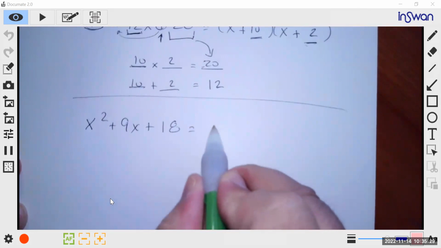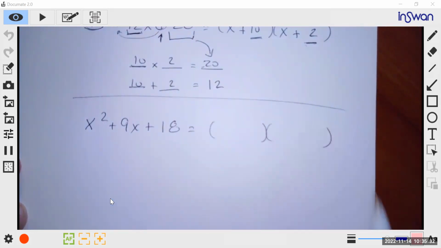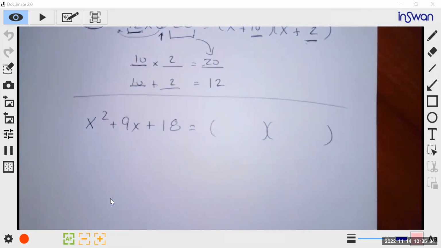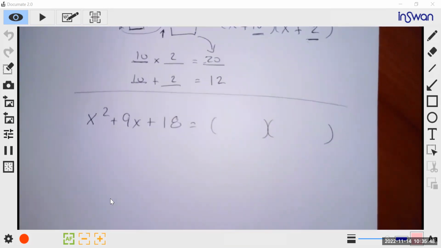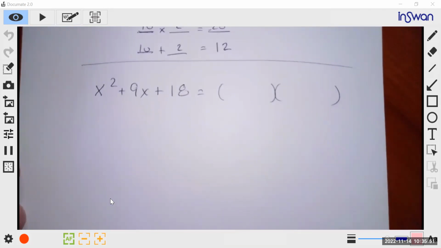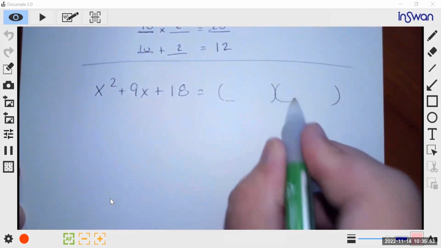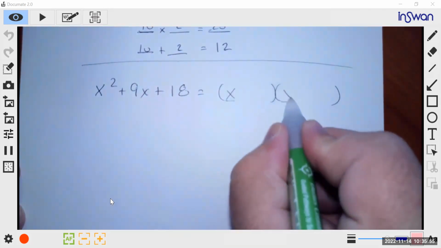How about this one? What goes in the first spot? x and x.